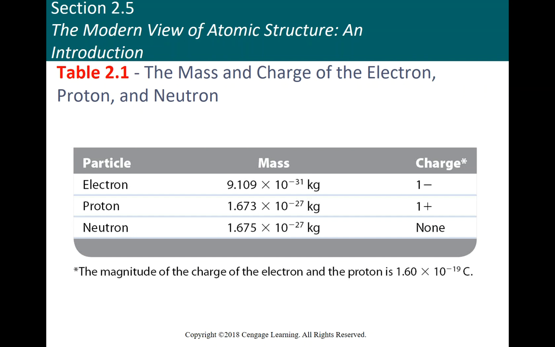The charge is also listed there. Again, the charge on an electron is not actually -1. It's 1.60 times 10 to the negative 19 coulombs, but we use -1 as the charge of an electron and +1 as the charge of a proton, just to simplify what we do when we talk about an atom or an ion. And the neutron itself has no charge, it's neutral.